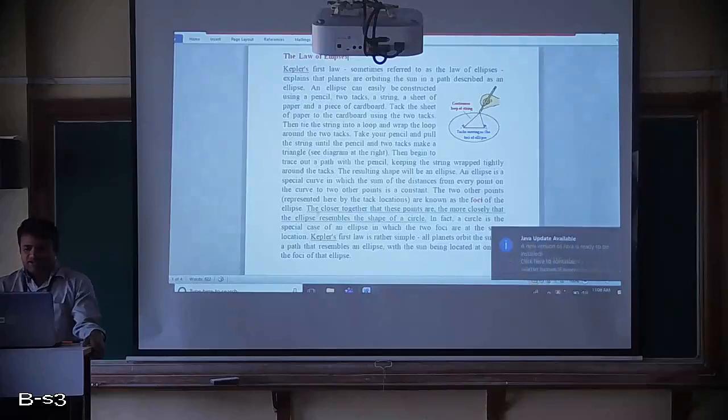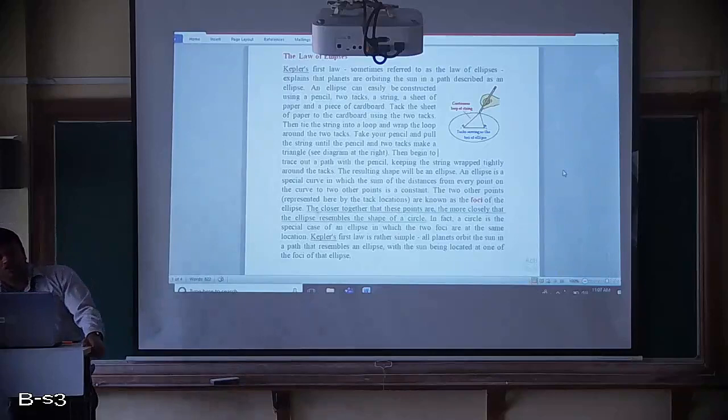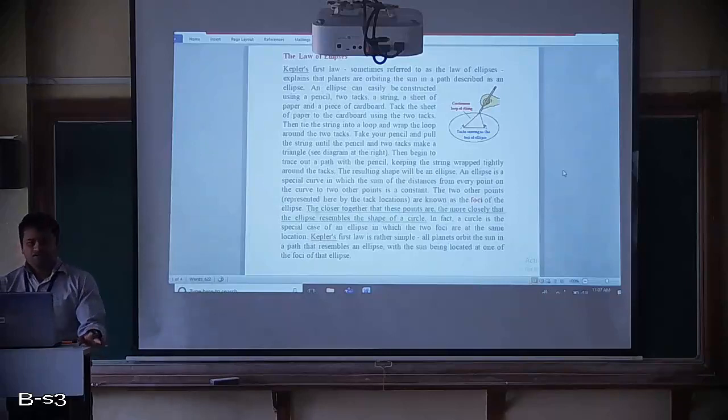Basically, it will be in the form of an ellipse. If you consider the sun as the center point, and around that sun your planet is moving and following the path of an ellipse, then it comes under the first law, that is Kepler's first law. That is the reason we call this the law of ellipses.